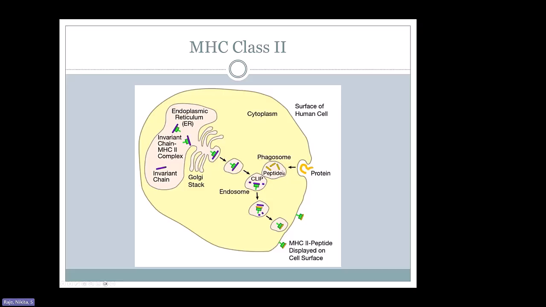The endosome and the phagosome can fuse with each other, and in that process the invariant chain is cut, and only a small portion stays behind, because the rest of it is no longer needed for transportation. The part that stays behind and lids off that class 2 MHC is called CLIP.